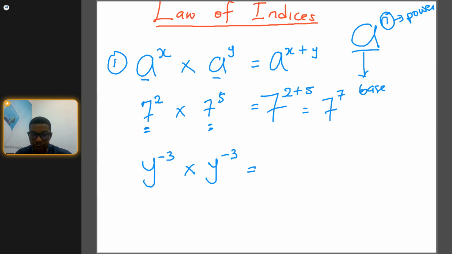Yes. What will be the response for this? Y raised to power minus 3 multiplied by y raised to power minus 3. Following the rule, the first law of indices. I'm waiting. Do we have any response?